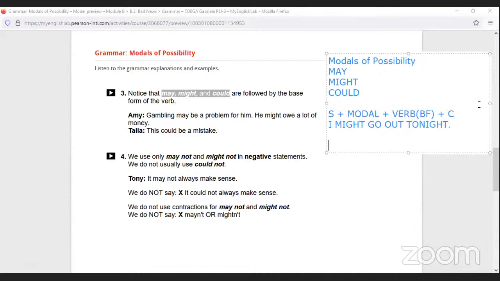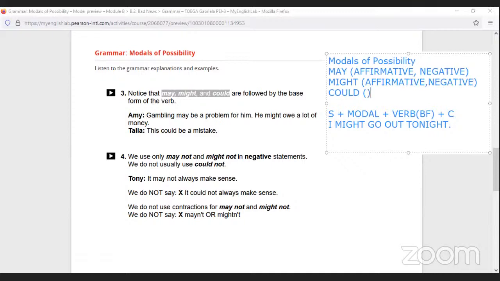So when we talk about possibilities, okay, what does it say? We're gonna use could for questions. May, we could use with affirmative sentences, okay? Might, we could use with these two, affirmative and negative.